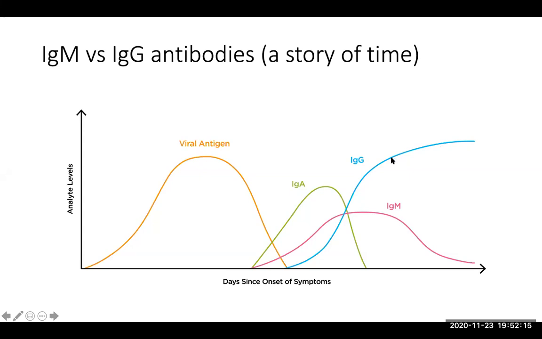Okay, but we wouldn't look at IgG and say, oh, you're infected, because that took a while for the IgG to really get to these levels. And probably you already feel better and have already cleared your infection by the time you get to these IgG levels up here. Now notice this isn't marked with specific days because this can vary.